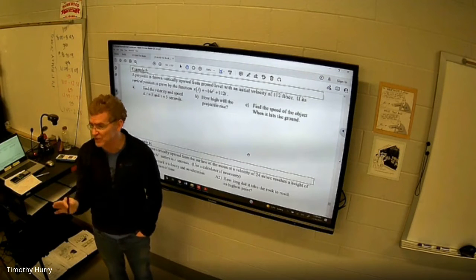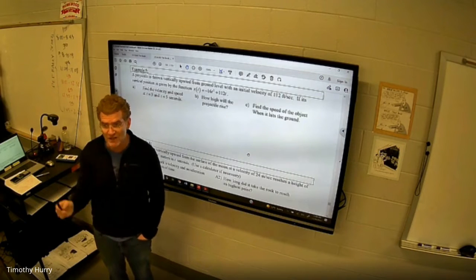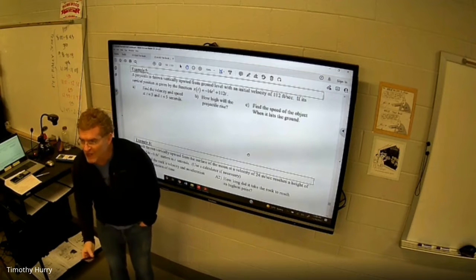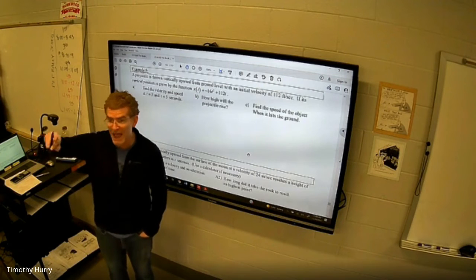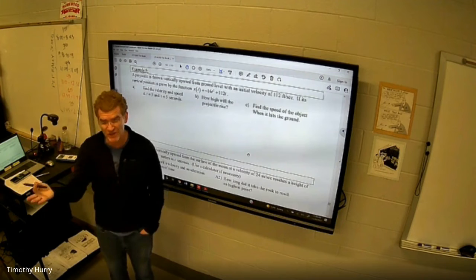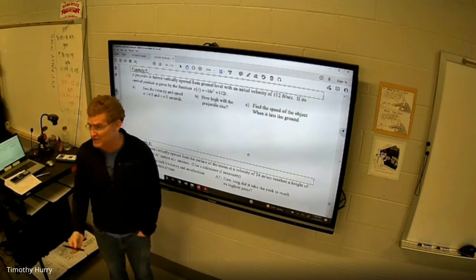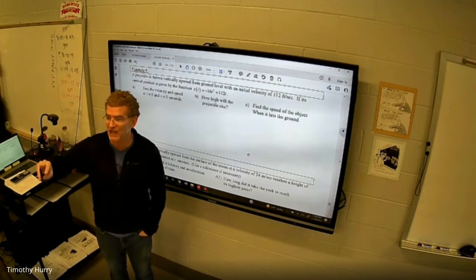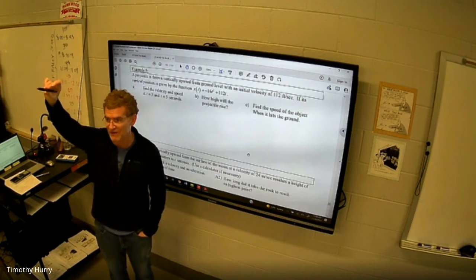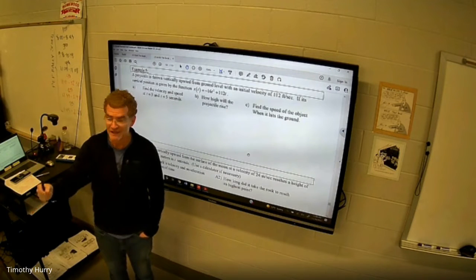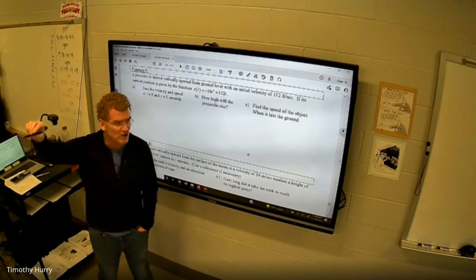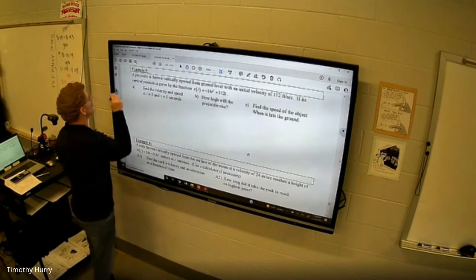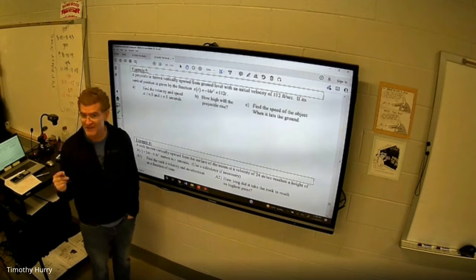But thinking in terms of position, velocity, and acceleration, what do I know? I don't know how high it got. I do know the acceleration due to gravity is probably constant. But what do I know about velocity right there? It stopped. If it stopped, my velocity is 0. I can go to the velocity equation, which I already know, and set it equal to 0.